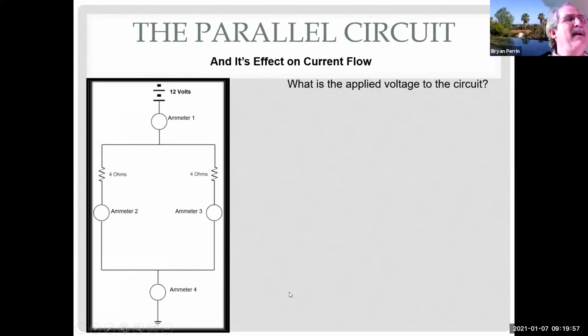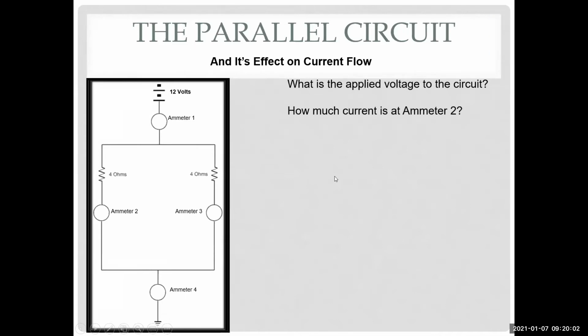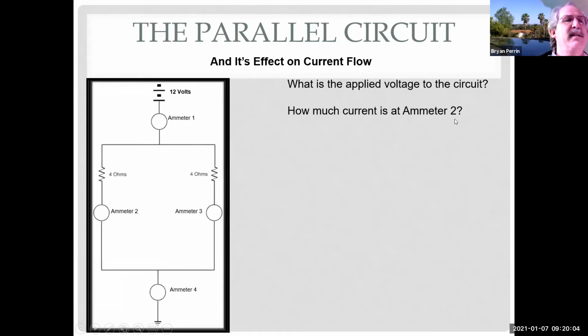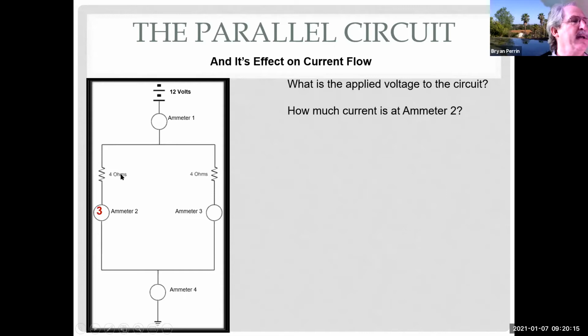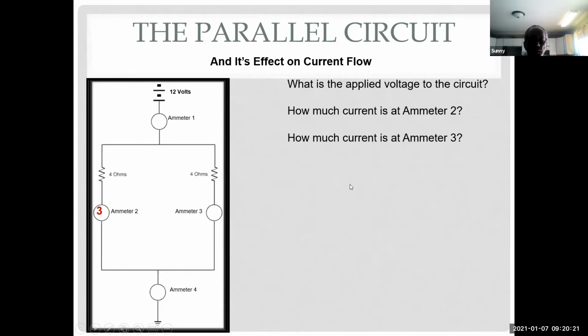So what is the applied voltage to the circuit? 12. How much current is at amp meter number 2? 3, right? Because I can split this into 2 series circuits, so I have 3 amps there. And what's the current going to be at amp meter number 3? 3.